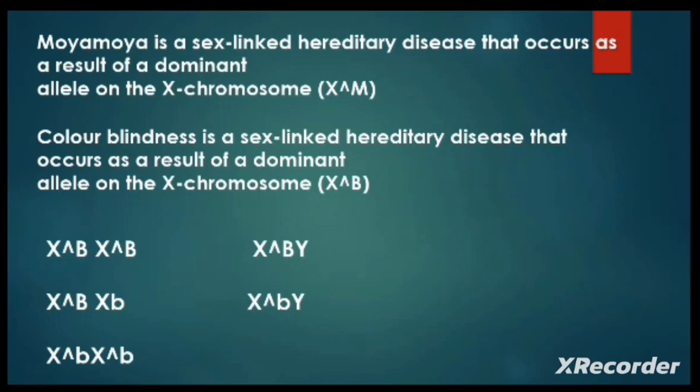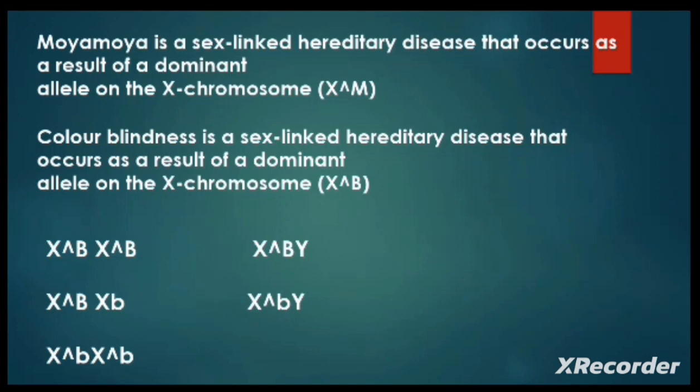So now let's talk about color blindness. They might say color blindness is a sex-linked hereditary disease that occurs as a result of a dominant allele on the X chromosome, the allele being capital letter B, right? It is not always that they'll tell you it's caused by a recessive allele.